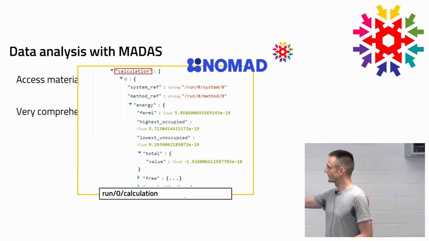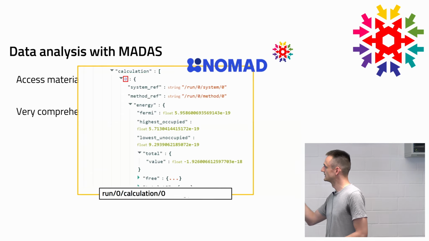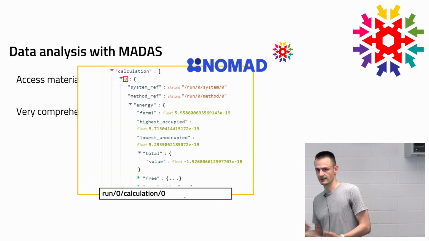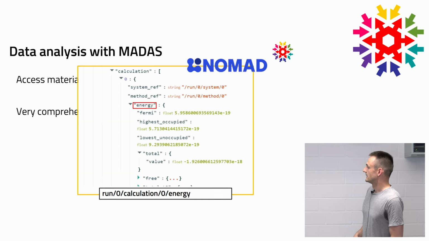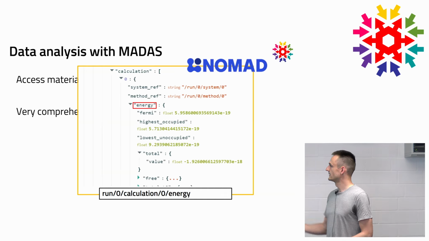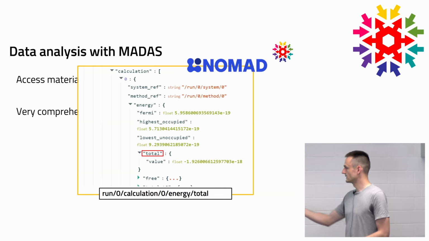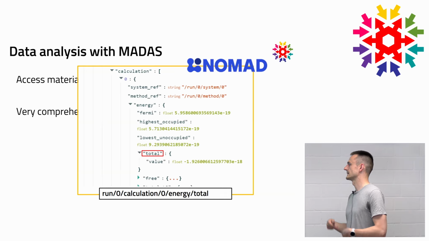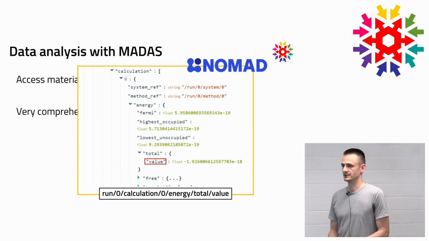So first of all, you have to find the calculation keyword, and then you traverse this. There's a list of different calculations. In this case, it's only one. Then you have to find the energy key in this dictionary, and then you have to find the total energy, and in the end, the value of the total energy.